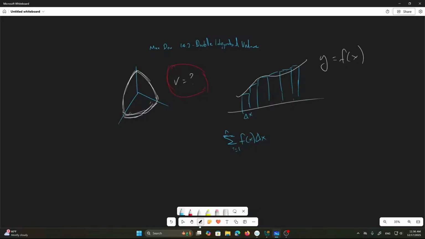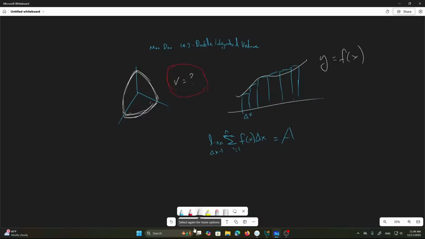So how do we refine this? Well, if we make delta x smaller and smaller, as we take the limit as delta x approaches 0, we will approach the actual area under the curve. And that's how we do it for single variable calculus.